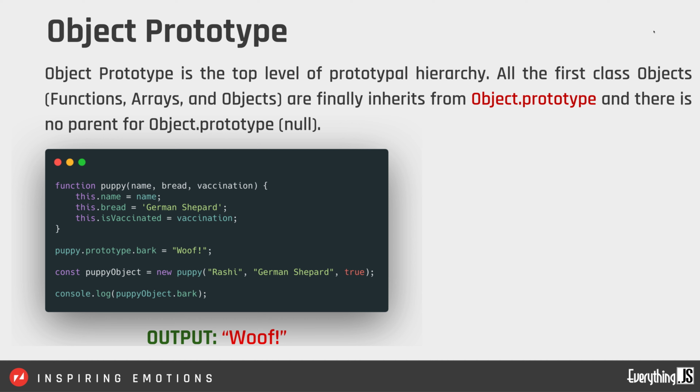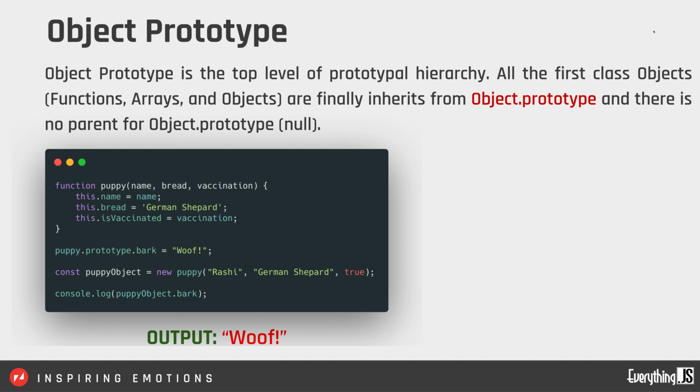Afterwards, we have assigned a property called bark to the puppy prototype with the value Woof. After that, we created a new puppy, passed the values, and took the reference of the puppy object. Then, using the dot operator, we printed the value of bark, so that will print.